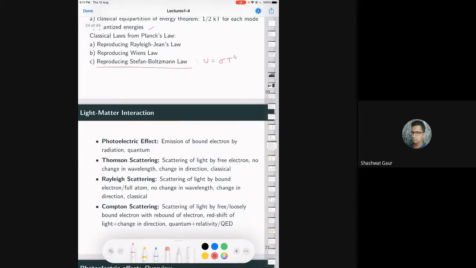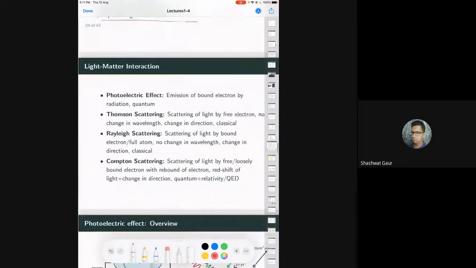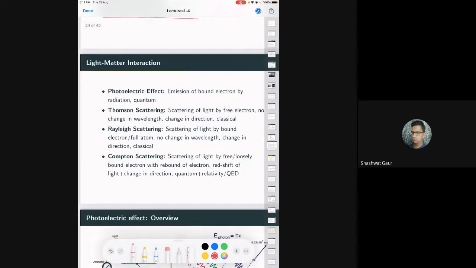And today we will go over other experimental phenomena which could not be explained by classical physics, and we had to go over to quantum physics. So let's talk about light-matter interaction. Now, light-matter interaction can be both classical and quantum.